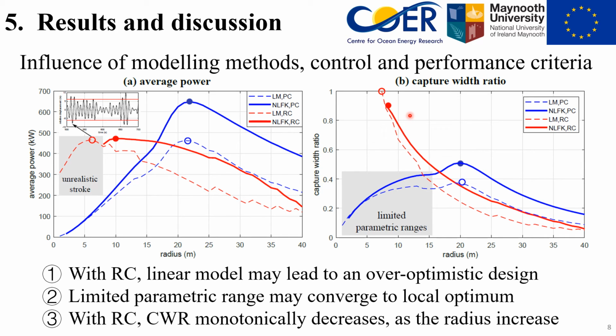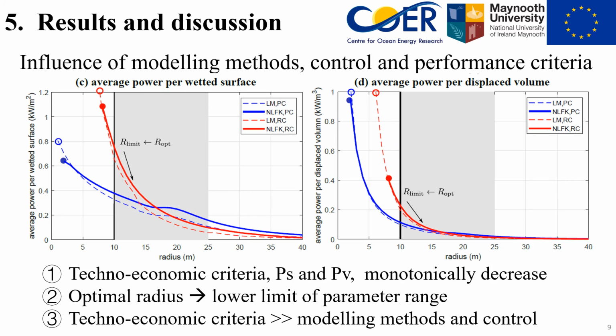It is interesting that with reactive control, the capture width ratio in Figure B, no matter the linear or nonlinear model, monotonically decreases as the radius increases. For the performance criteria of average power per wetted surface and average power per displaced volume, these two techno-economic criteria also monotonically decrease as the radius increases.